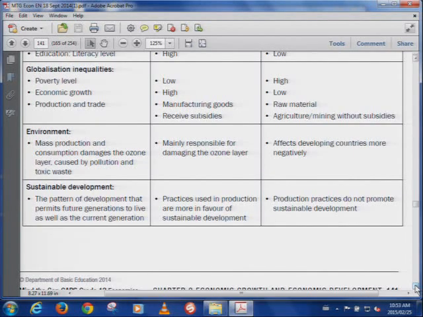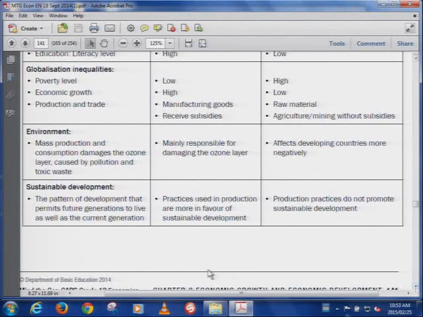And whatever the developed countries do affects the developing countries negatively, because businesses in these developing countries are owned by businesses in the developed countries. So whatever they do here, they don't care about the conservation as well as the preservation of the environment. That's why developing countries are affected by what developed countries are doing.